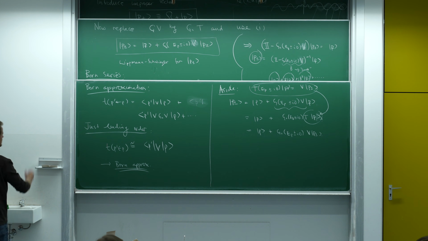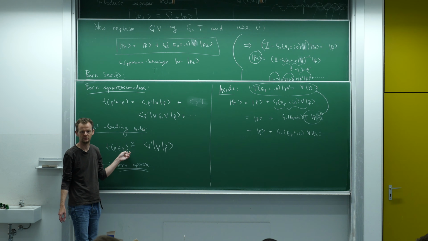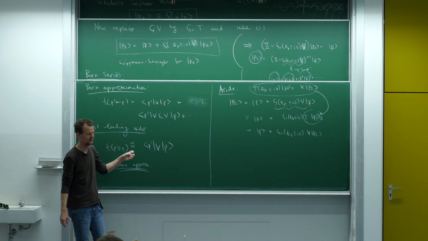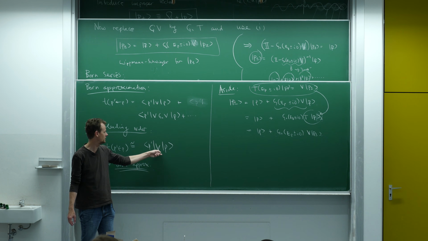And that, I hope you agree, is as compact and useful a formula as you could ever hope to get. So P is an improper momentum state of the free system. V is the potential.